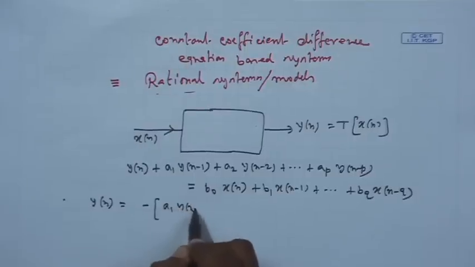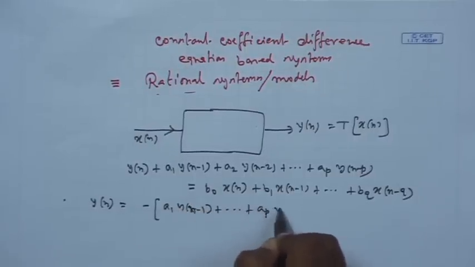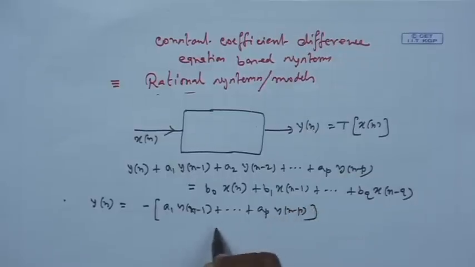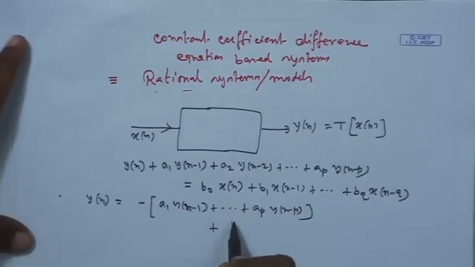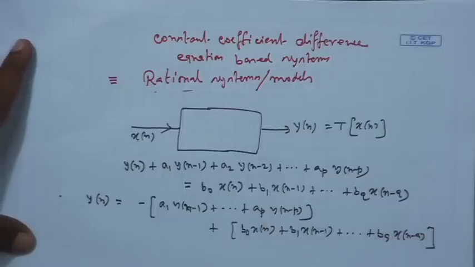There is a 1 y n minus 1 plus dot dot dot a p y n minus p, and then again the x terms, b 0 x n. Here, suppose the past outputs y n minus 1 to y n minus p are known, and of course current input and past inputs are known, then you can carry out the right hand side calculation and you get y n.